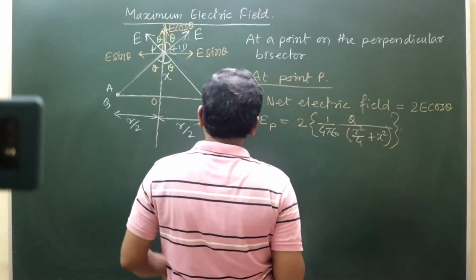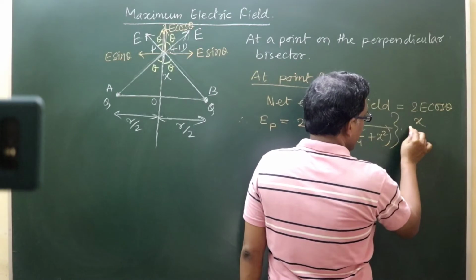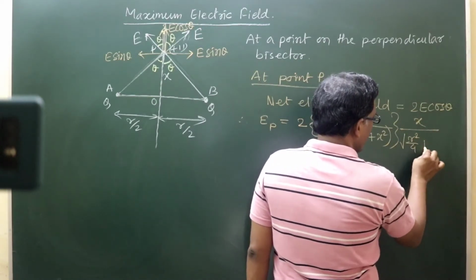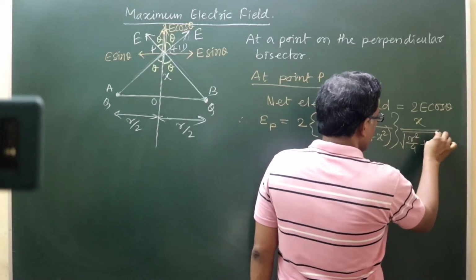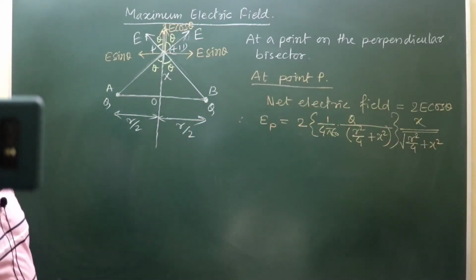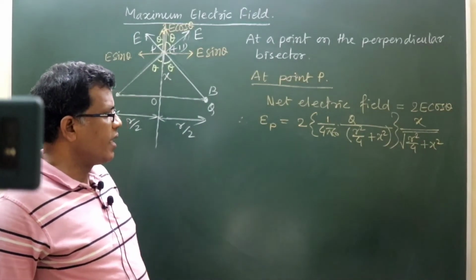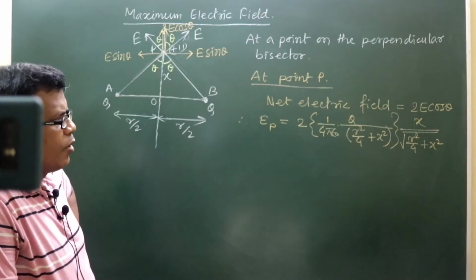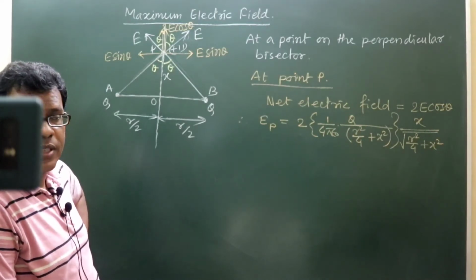Geometrically, cos theta can be written as x by under root of r square by 4 plus x square. Do you agree with me in this expression? Instead of E, we write kq by the square of the distance of separation.